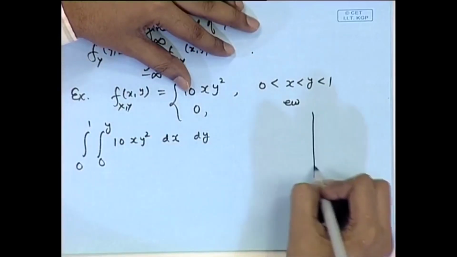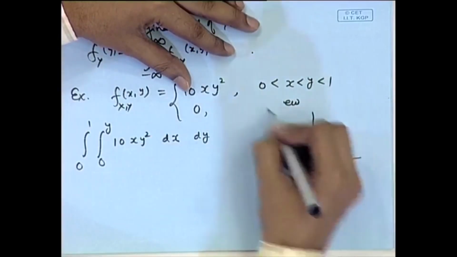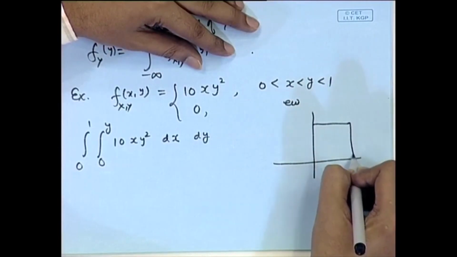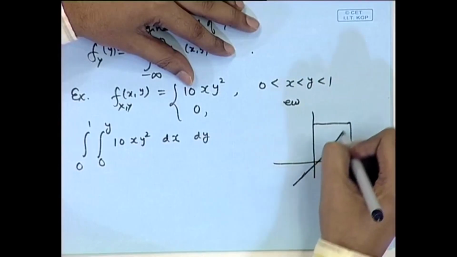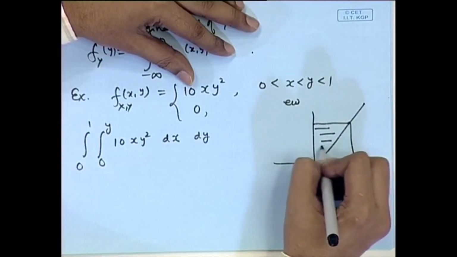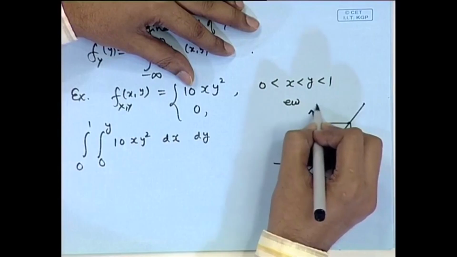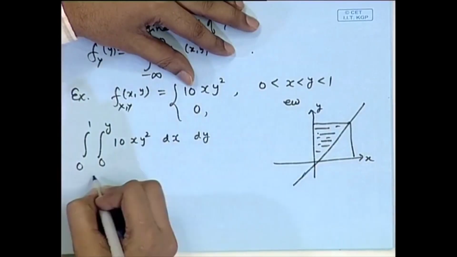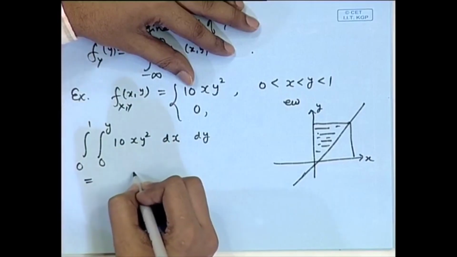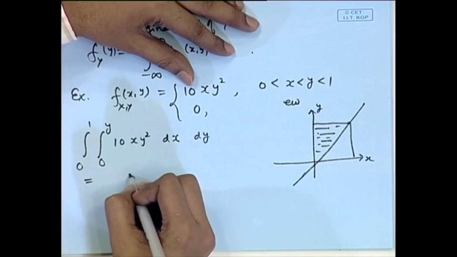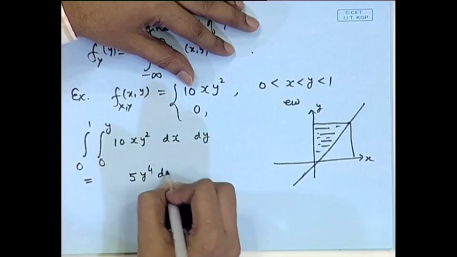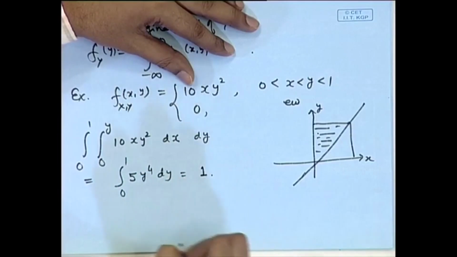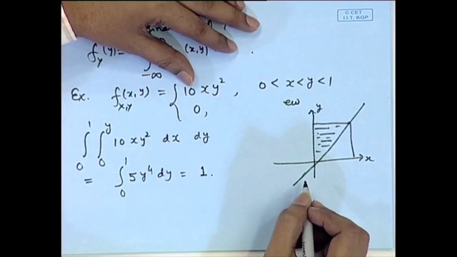Basically, the distribution is defined over half of the unit square, that is x less than y. If this is the x axis, this is the y axis, we are on this side. You can easily see that this is the integral of 5 y to the power 4 dy, which is equal to 1. So, it is a valid probability density function.